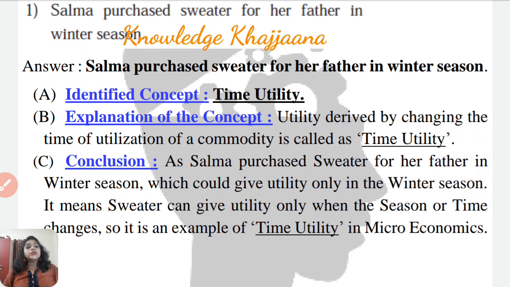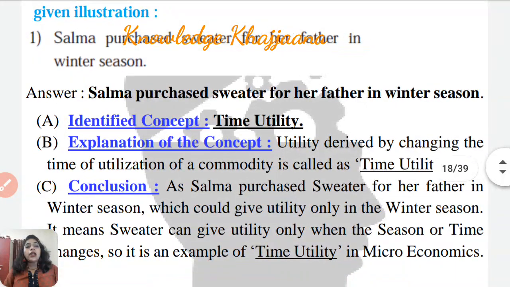This is the actual concept which is hidden, and how it is applicable to the example, to the statement which is given, that we have to write in the conclusion. What we have to write in the conclusion? We have to find out the concept hidden in the example, that is, here it is time utility. Now we have to explain what is meant by time utility, and then connect this example with the concept by concluding it.